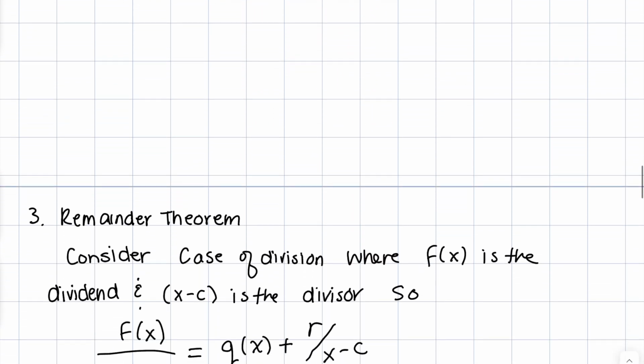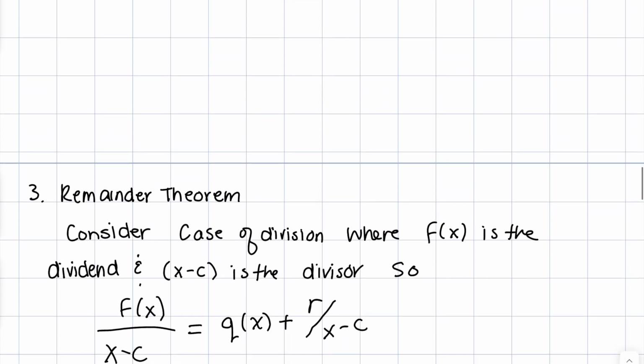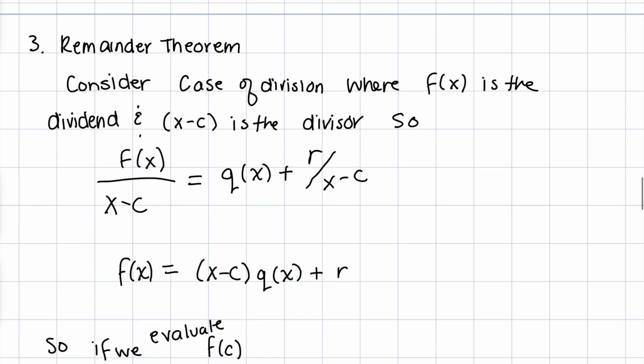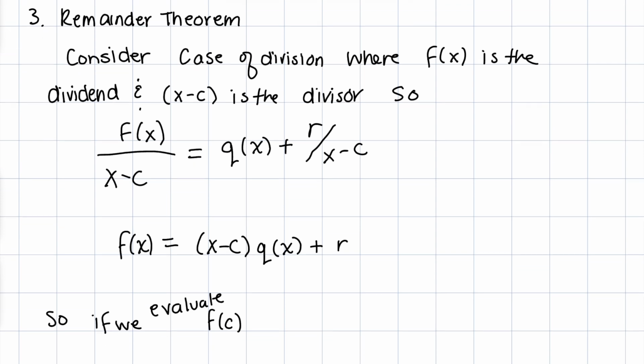All right, so another thing that we want to talk about in this unit is the remainder theorem. Consider a case where f of x is the dividend, and x minus c is the divisor. So we have this kind of expression, okay?